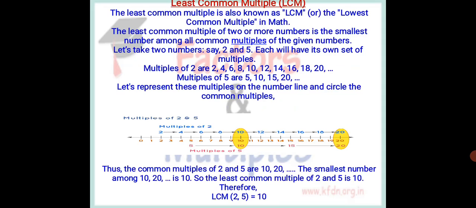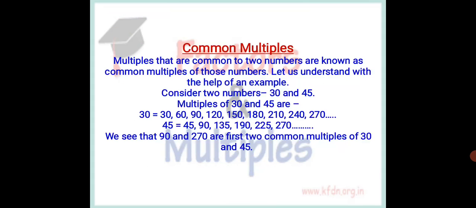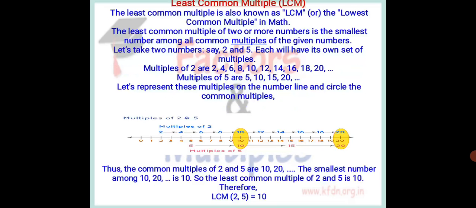The least common multiple of two or more numbers is the smallest number among all common multiples of the given numbers. So what we have seen in the previous example, 90 is the least common multiple of 30 and 45, isn't it?